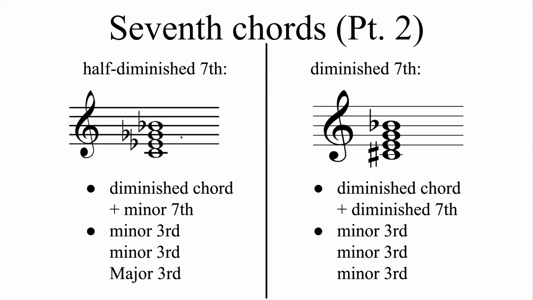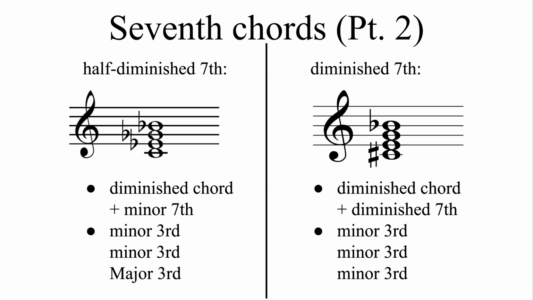So it's basically a diminished chord. You lower both the third and fifth notes to make a diminished triad, right? But then you take another minor seventh, which is a major third, and you put it on top. So that's going to be a half diminished.